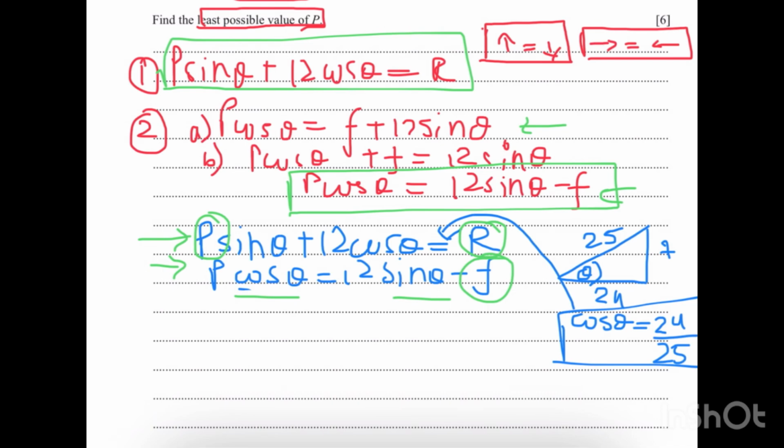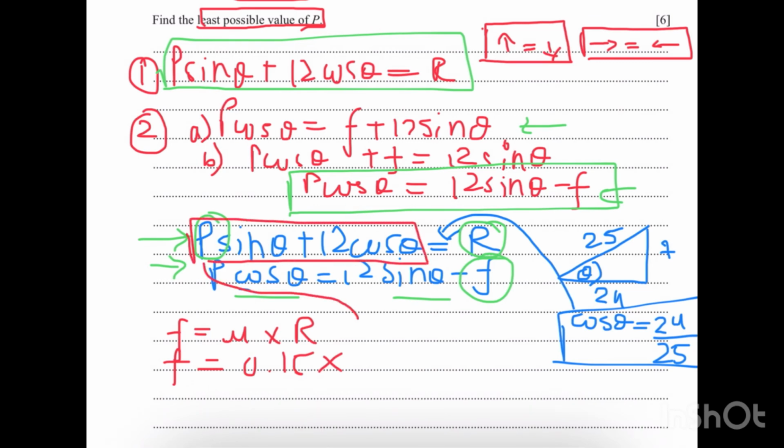We know that friction is always equal to mu times R, and they have given us the coefficient of friction mu, which is 0.15. That means friction is equal to 0.15 times R, and since the first equation is giving us the value of R, we can substitute it here in place of R: 0.15 times (P sine theta plus 12 cos theta).